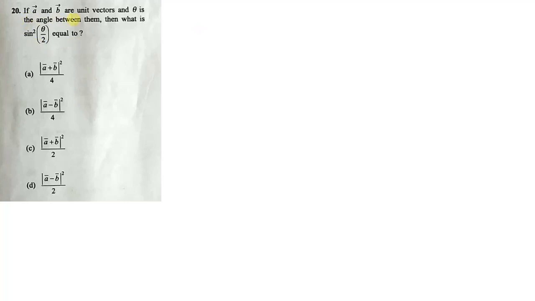If a vector and b vector are unit vectors and theta is the angle between them, what is sine square theta by 2? First of all, we can solve this like that: a vector minus b vector, whole square, is equal to a square plus b square minus 2 a vector dot b vector.